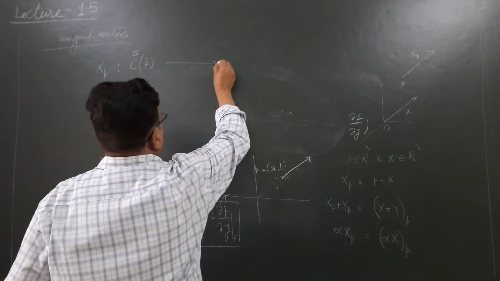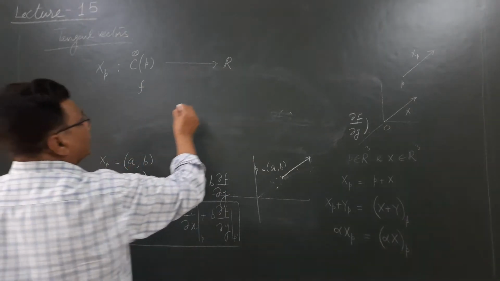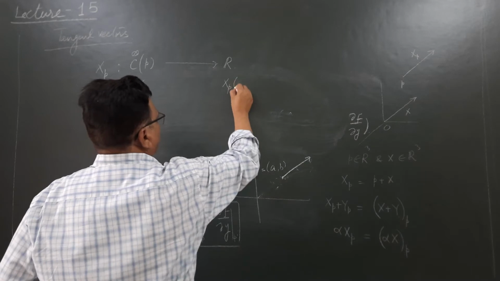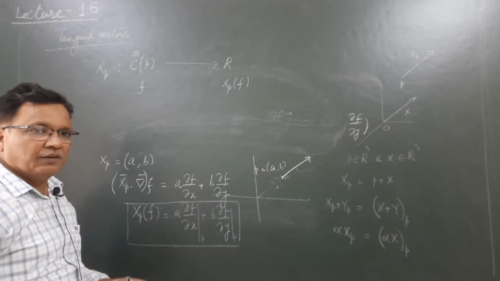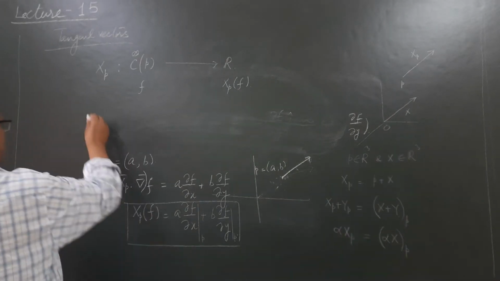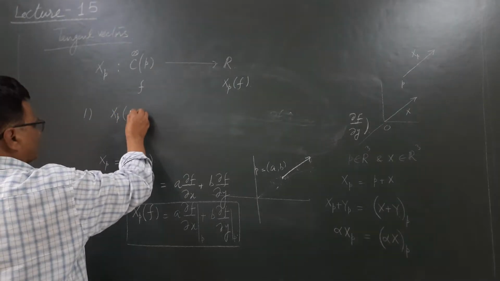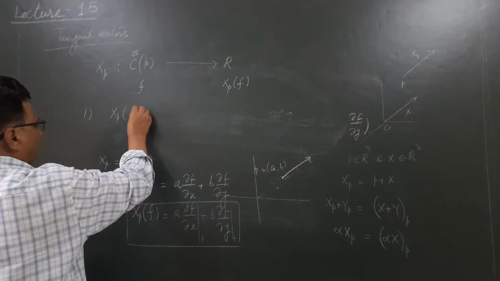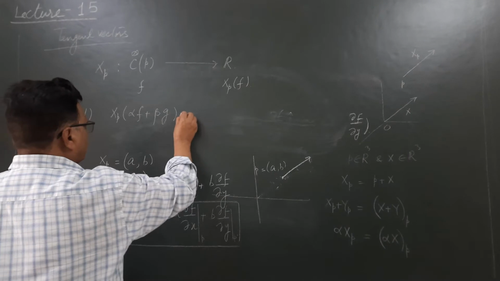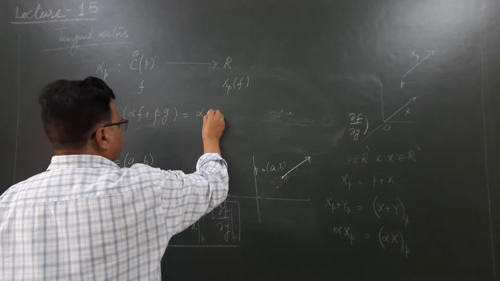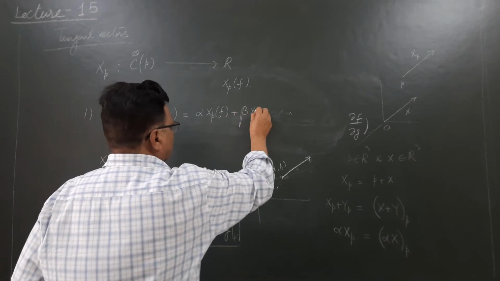And the values are in R, and what Xp does, it picks a function and associates a real number Xp f, and this Xp f satisfies the linear property and the Leibniz property. Number one, if you operate Xp on alpha times f plus beta times some other function g, it will be alpha times Xp f plus beta times Xp g.